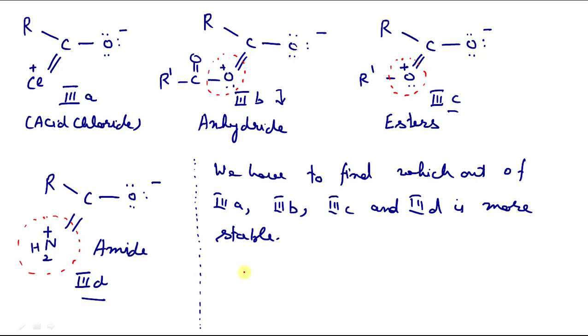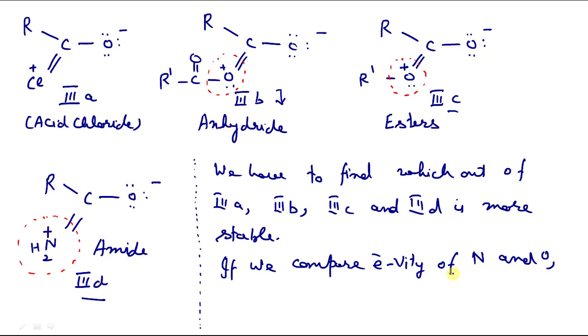Now, as it is clearly evident from the resonating structures, if we compare the electronegativity of nitrogen and oxygen, we know that oxygen is more electronegative than nitrogen. Now we have a positive charge on an electronegative atom.